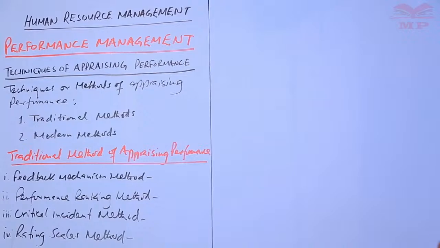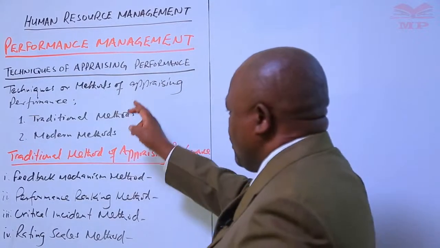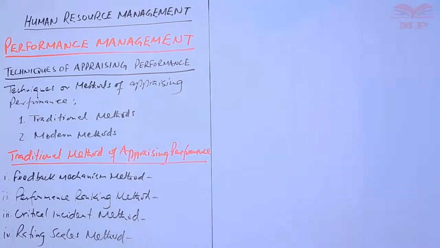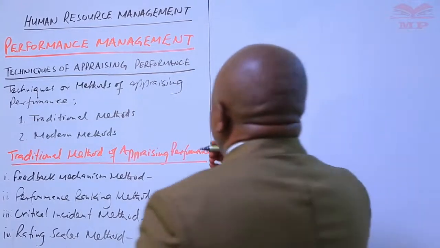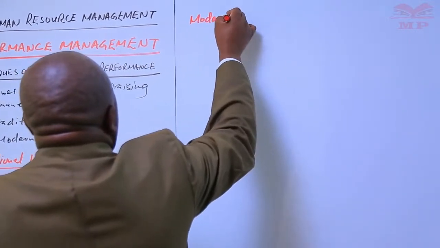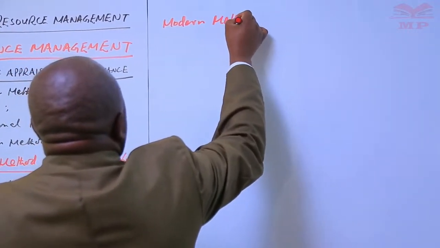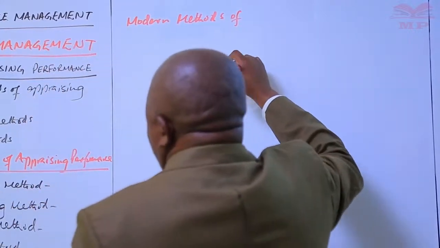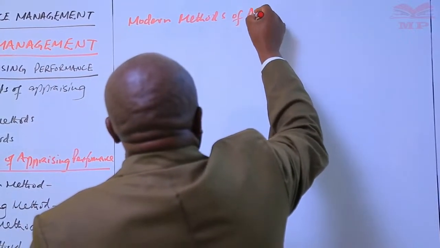And we have indicated that you can have traditional methods, and you can also have modern methods of evaluating performance. So we can also have a look at modern methods of appraising performance.